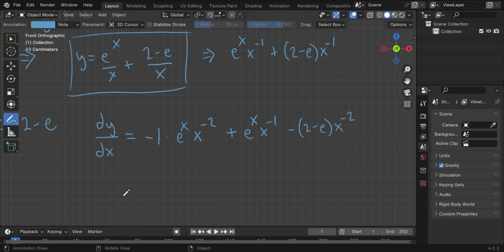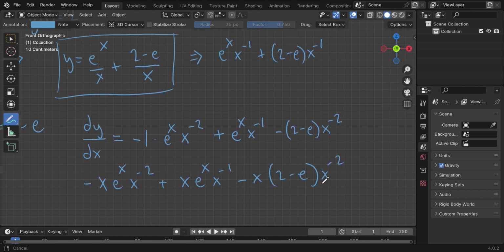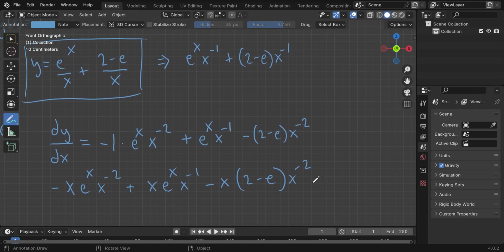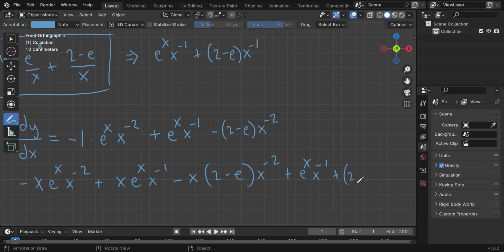So if we take x times y prime, which is all of this, we get negative x times e to the x, x to the negative 2, plus x e to the x, x to the negative 1, minus x times 2 minus e times x to the negative 2, and then we're just going to add y, which we found was e to the x, x to the negative 1, plus 2 minus e times x to the negative 1.